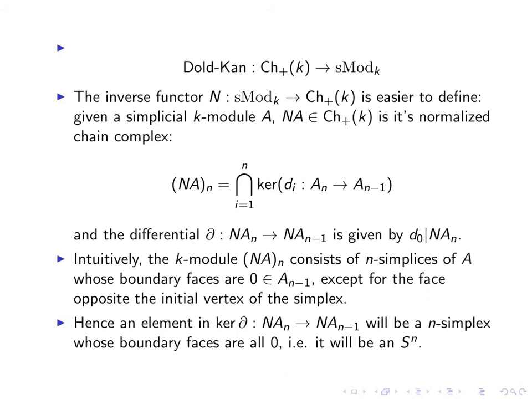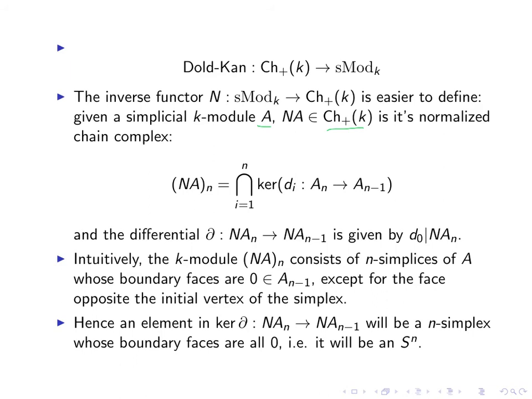The inverse functor N, for normalized chain complexes, is actually a little bit easier to define, so let me define that first. It takes a simplicial k-module A, and I have to give back a non-negatively graded chain complex of k-vector spaces.